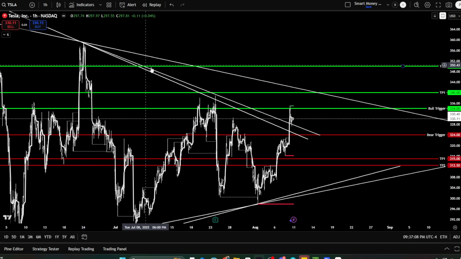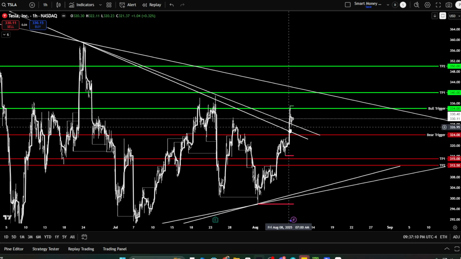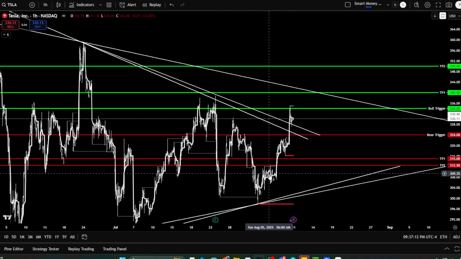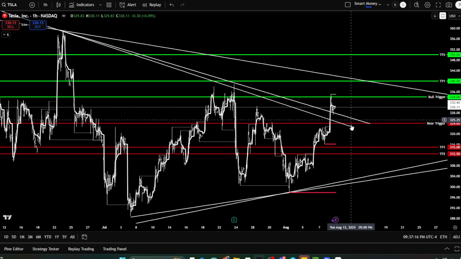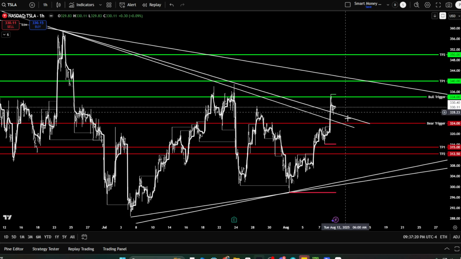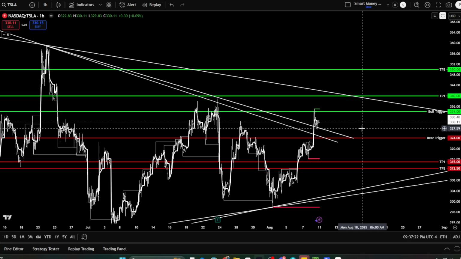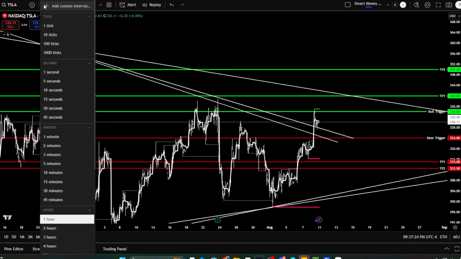You can see we've broken out from both of these. That's a really good sign for Tesla. I mean, we could fall back into the triangle, but it's a good sign for now. So we've backtested it, we hold it. Let's see what happens as we head further into it.